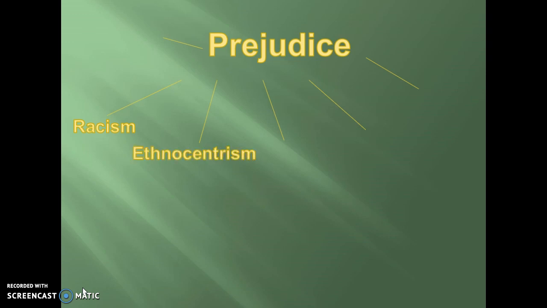On the other hand, ethnocentrism differs from racism because this is based on culture. You don't see ethnocentrism. You see racism. So ethnocentrism is assuming that your culture is more superior than other people's cultures. Again, relating back to ethnicity.